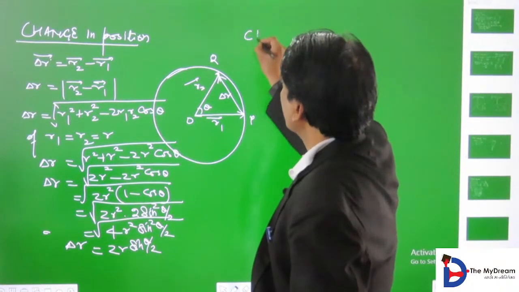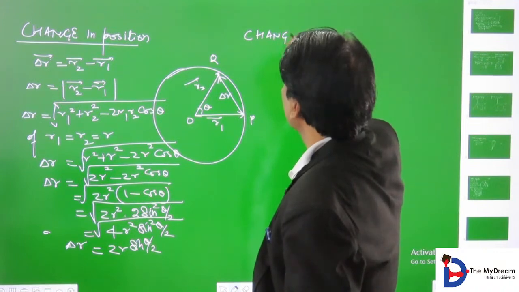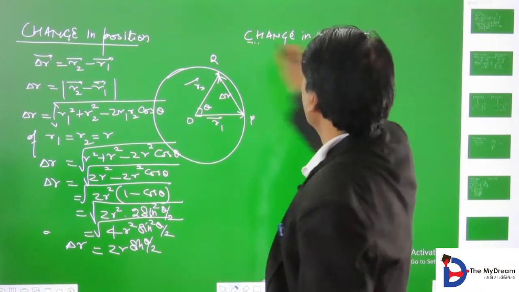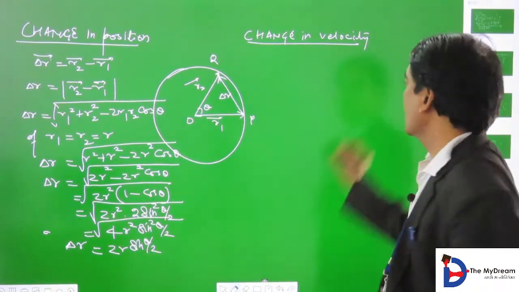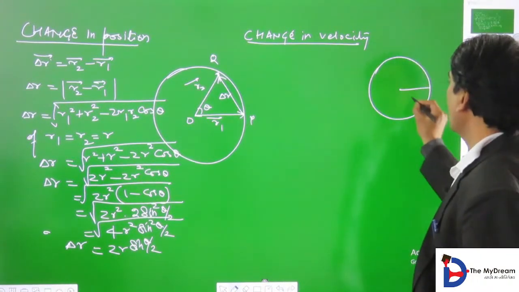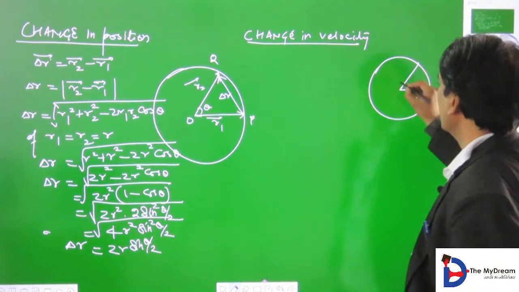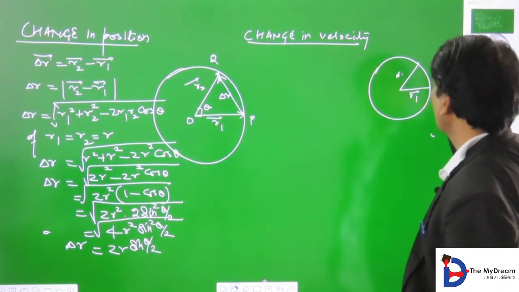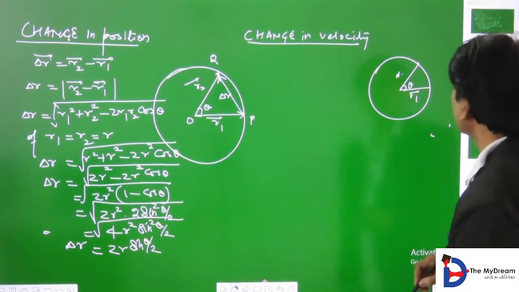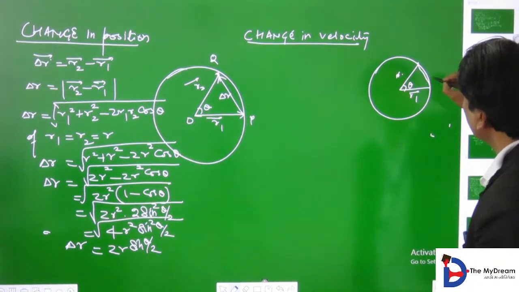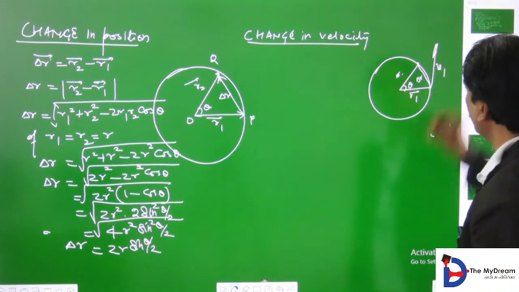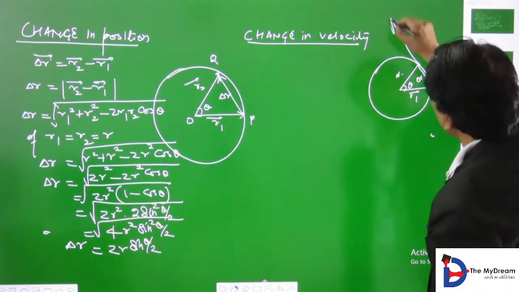If you want to discuss the change in velocity, if you want to know the change in velocity, so you can describe it like this. These are the position vector r1, this one is r2, say theta, this is delta r. Let here the velocity be v1, here the velocity be v2.